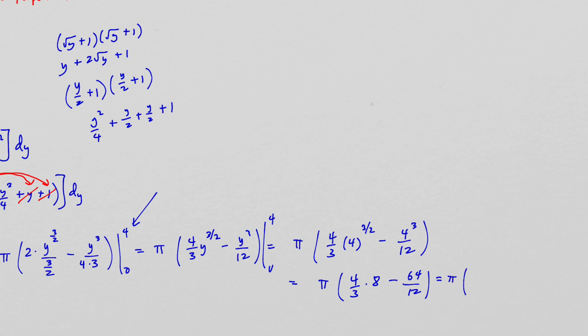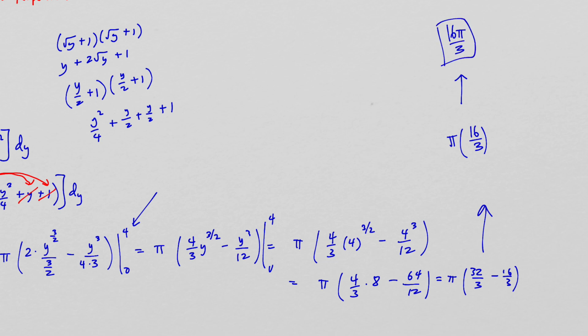So we have pi times 32 over 3 minus, and if you divide the 4 out of this, 4 goes into 64 16 times, and 4 goes into 12 3 times. We will get pi times 16 over 3, which is 16 pi over 3.